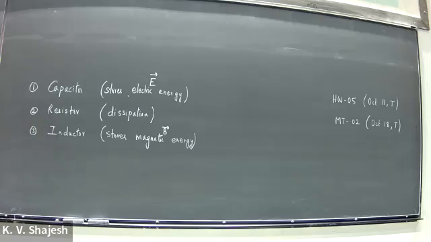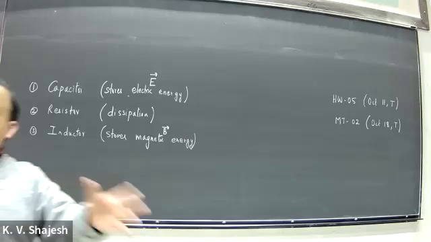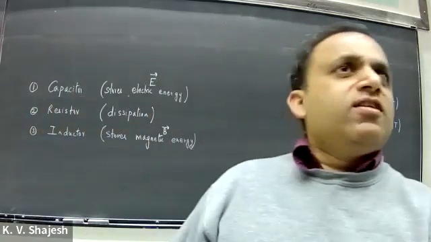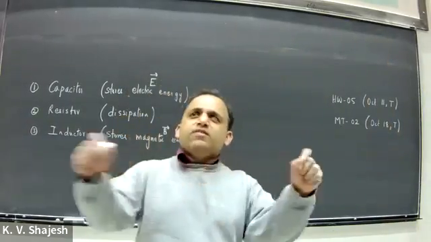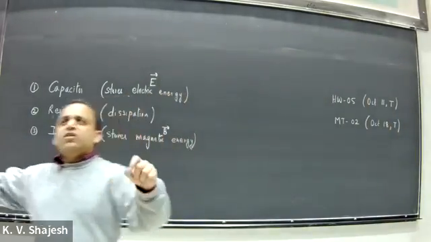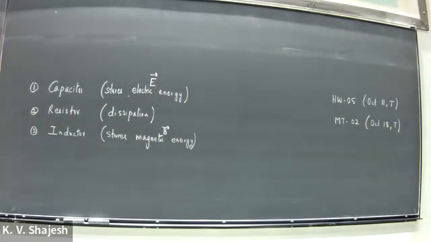It doesn't mean that these components can be separated. Everything you see around, for example, when you connect a computer, very broadly speaking, this has a capacitor associated with it. When you connect this to a battery, you can replace this with a capacitor and a resistor and an inductor. Every electrical component has all three properties associated with it.